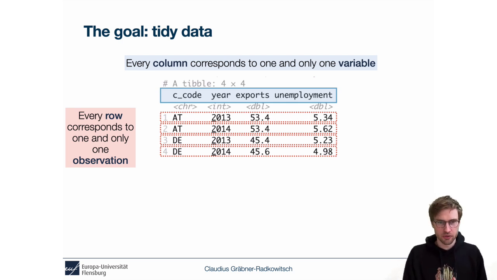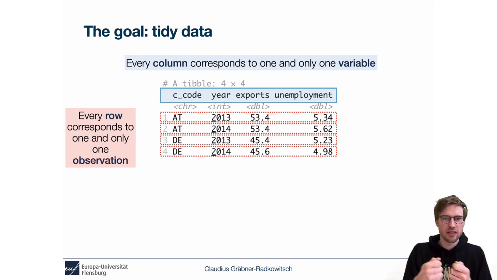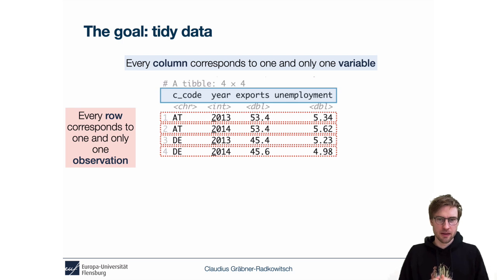Also, there are observations for 2 kinds of countries, Austria and Germany, and the information you get from each row is sufficient to determine to which country and to which time the observation refers to. So the first row is about an observation in Austria for the year 2013, second row for Austria in 2014, and the information in this row is completely sufficient to determine what observation we are referring to.